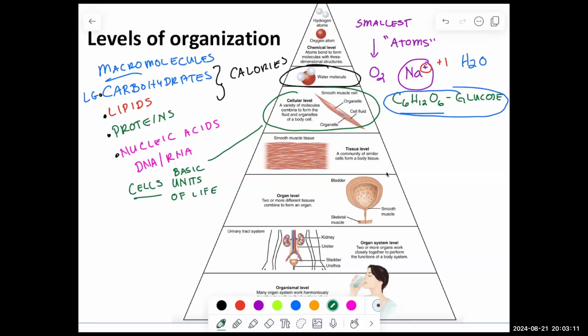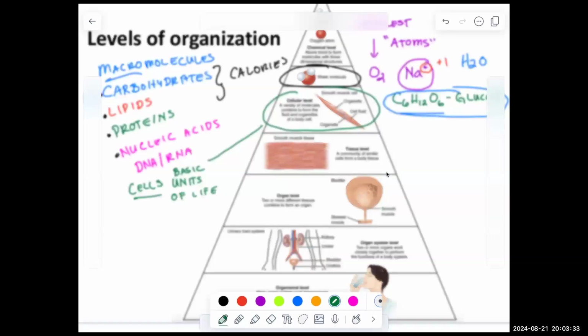Muscle cells? Cancer cells? Nervous cells? Epithelial, skin cells, right? Cells are made up of many, many macromolecules that will form organelles.